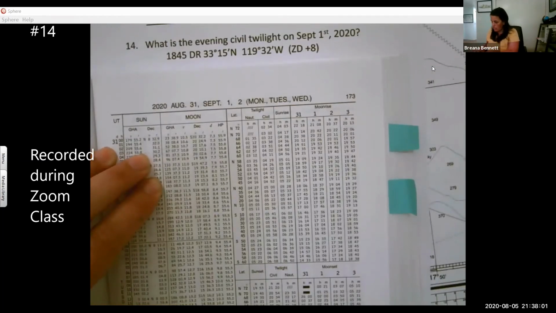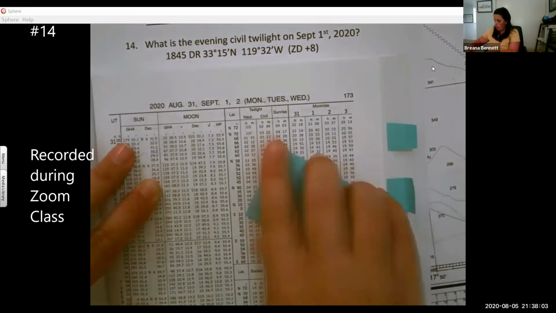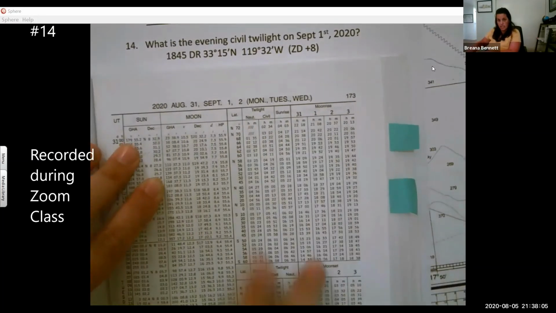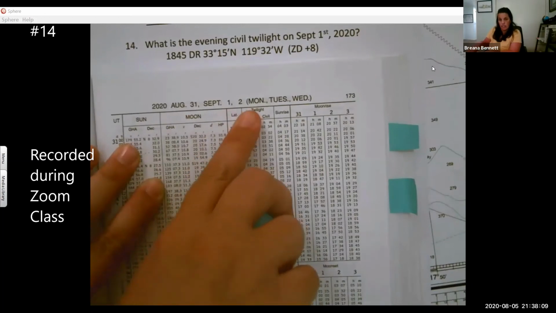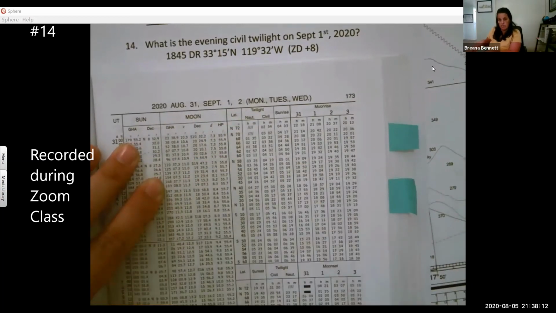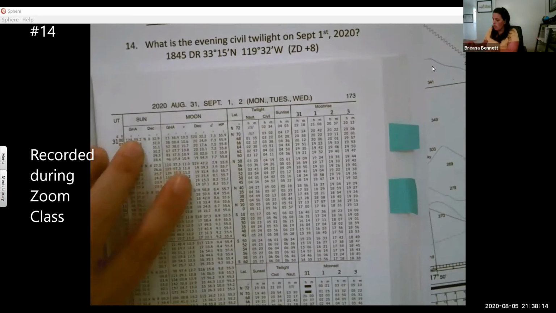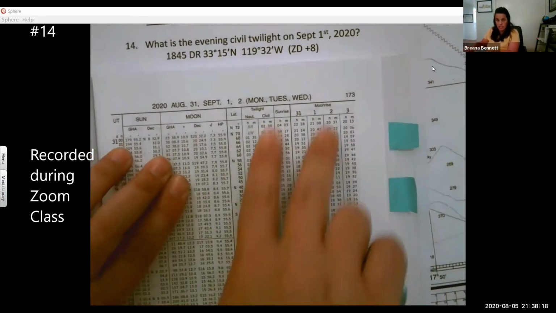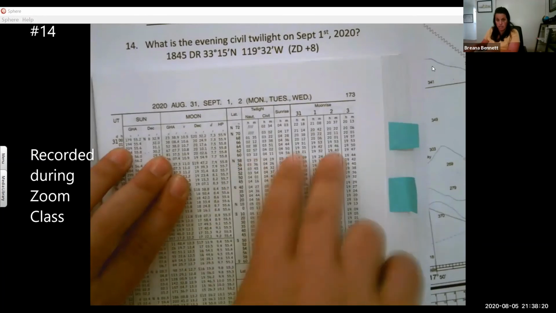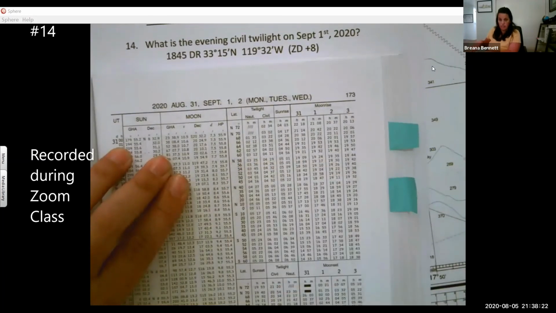So all of these sunset and sunrise times are for August 31st, September 1st, and September 2nd, for all 3 days. The top half here is the AM, so your sunrise. Your bottom half is going to be your sunsets, your PM times.